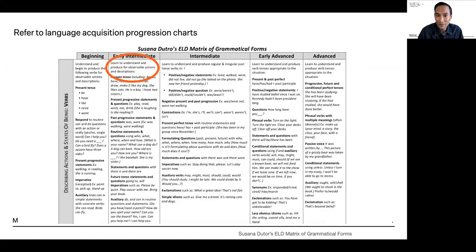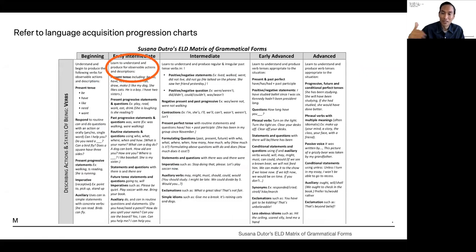And this is Susannah's matrix. So she has early intermediate. It matches the one previous. They learn to understand and produce observable actions and descriptions, but they're pretty much in the present tense.